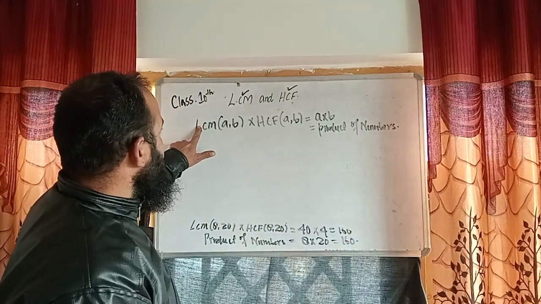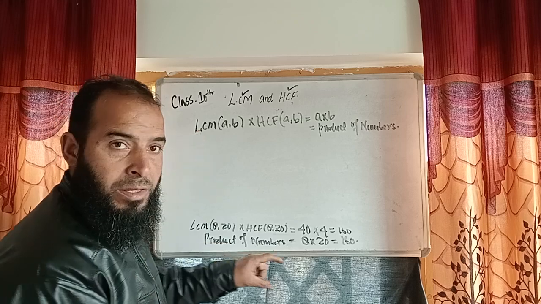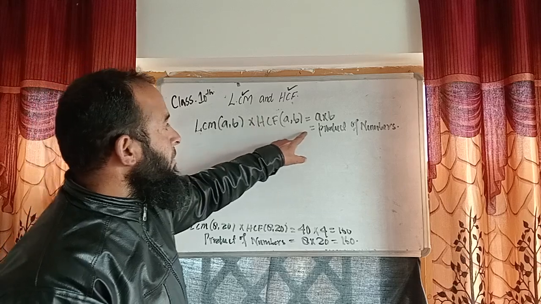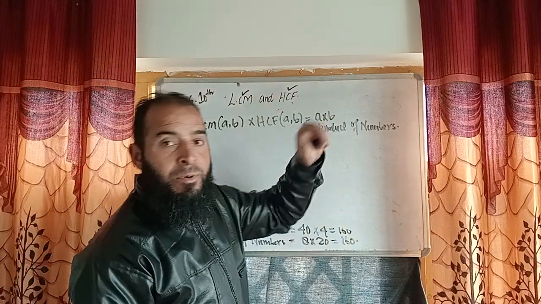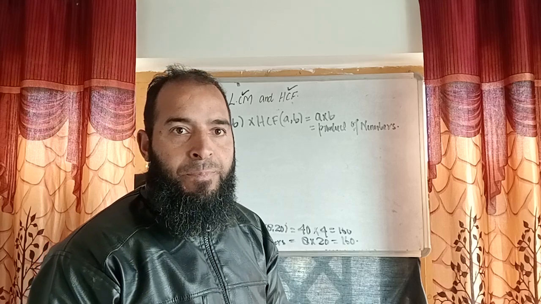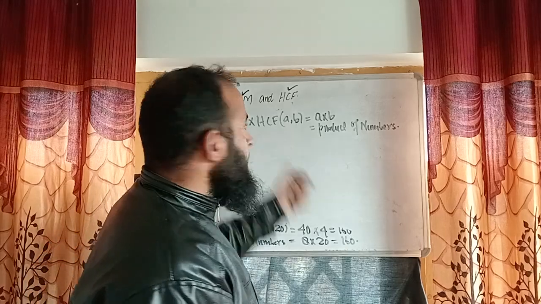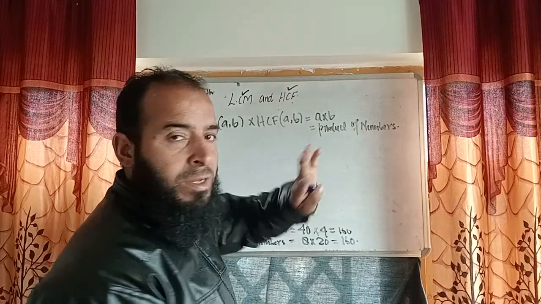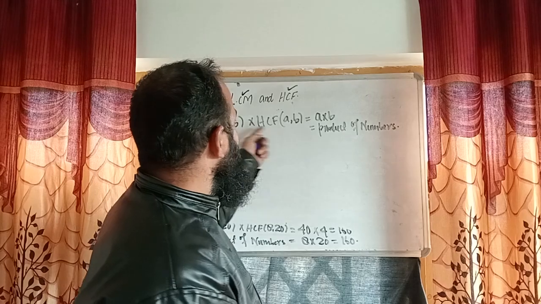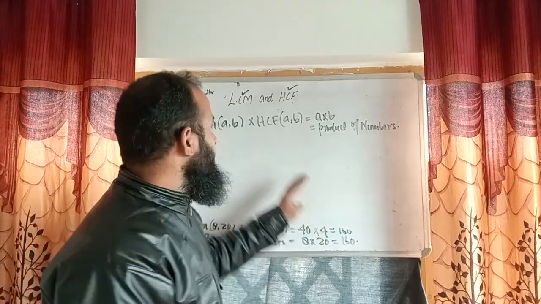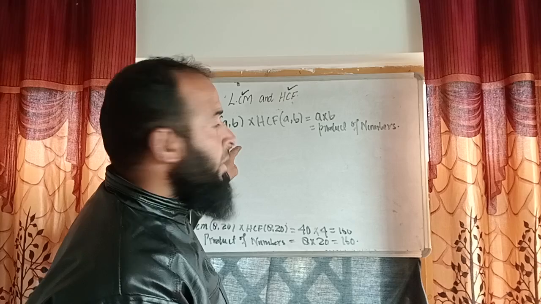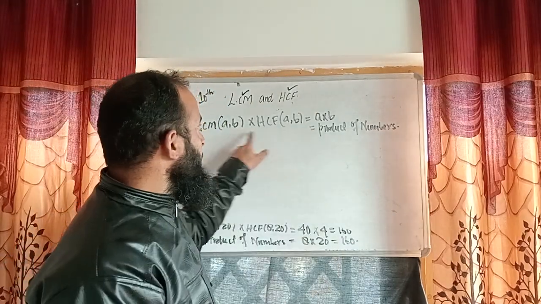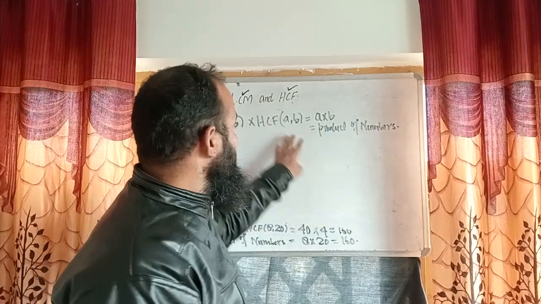This is the general concept that we got from this. That is, LCM of two numbers into HCF of two numbers is equal to the product of those two numbers. From this we can find, if the two numbers are given and one of LCM or HCF is given, we can find the other. If LCM is given, we can find the HCF, and if HCF is given, we can find the LCM. You have to remember this.